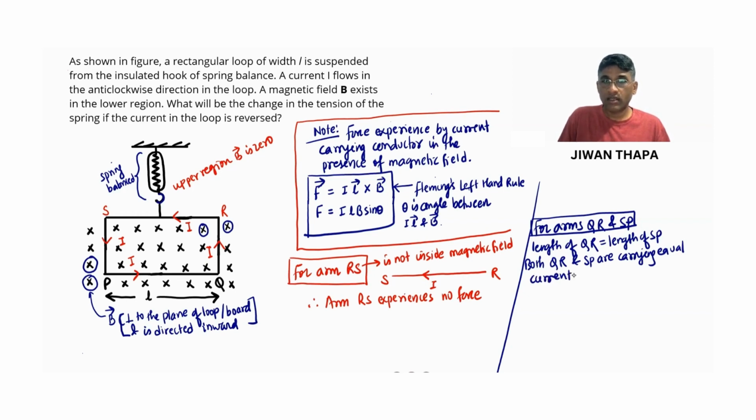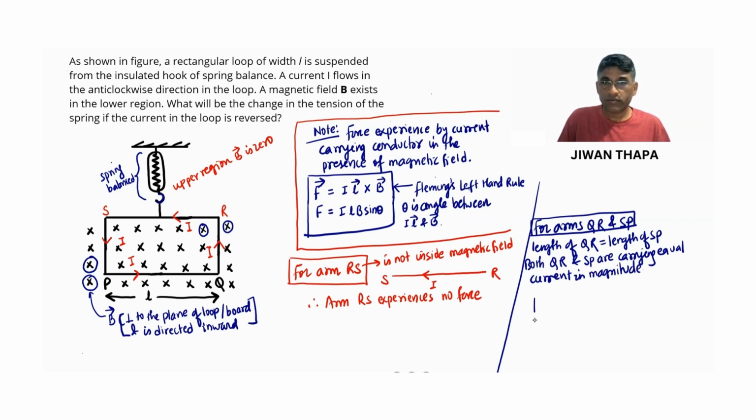We can see this from the equation. Clear? They are carrying equal current in magnitude.